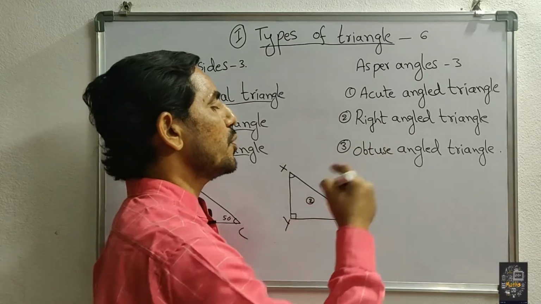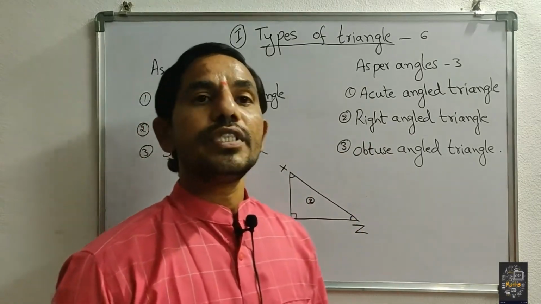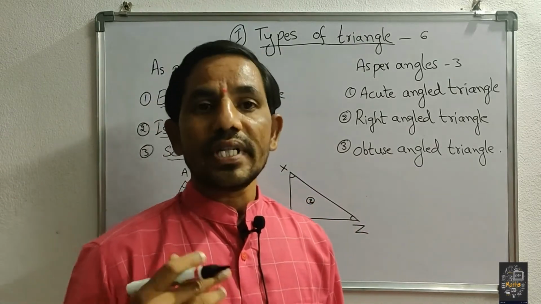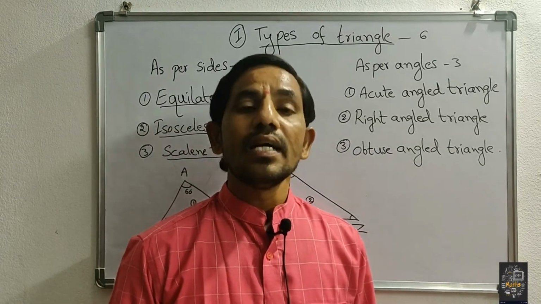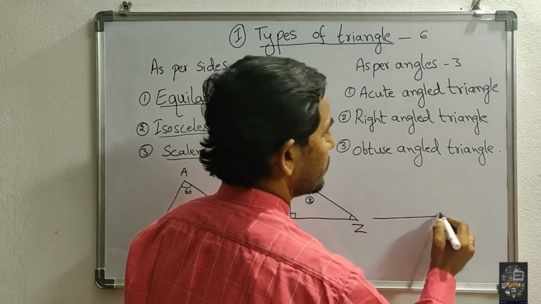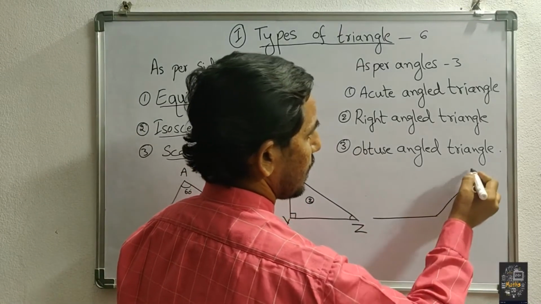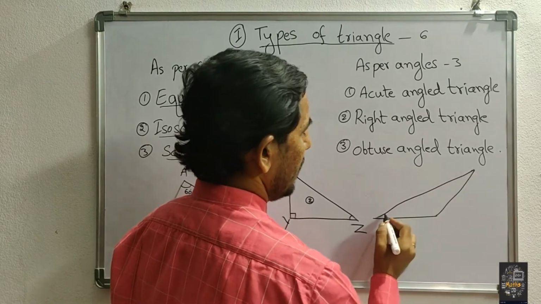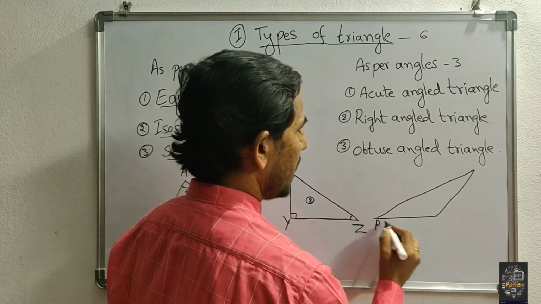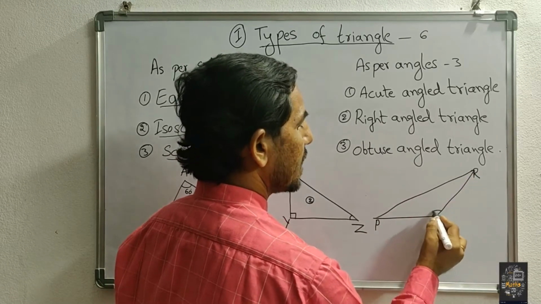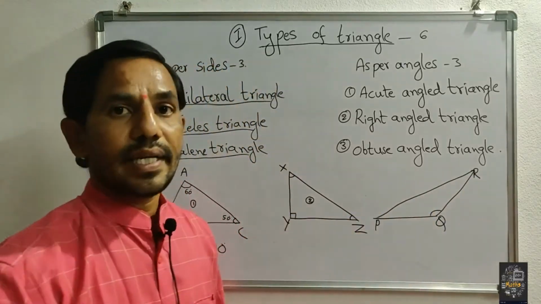And come to obtuse angled triangle. In which triangle any one angle is more than 90 degrees, that is an obtuse angled triangle. Okay, this is the diagram. This is triangle PQR. Here angle Q is more than 90 degrees.